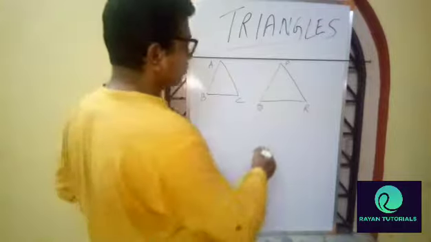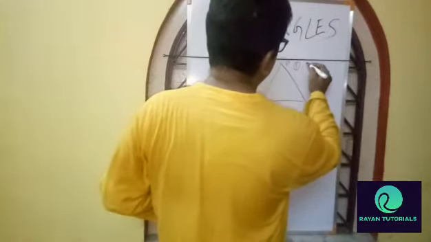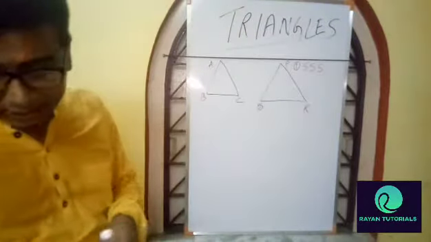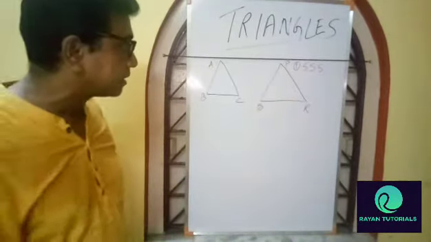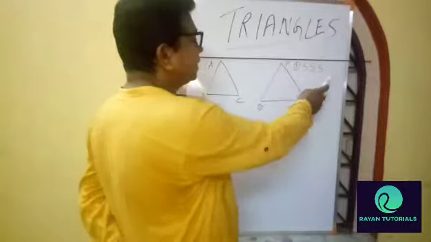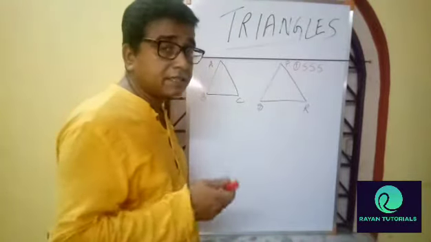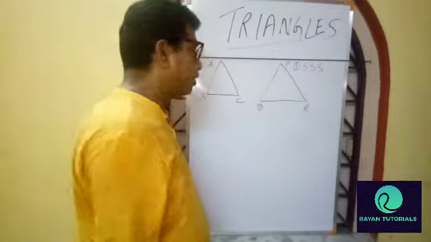Number one, SSS. What does this SSS mean? Side, side, side. How many sides does a triangle have? Three.